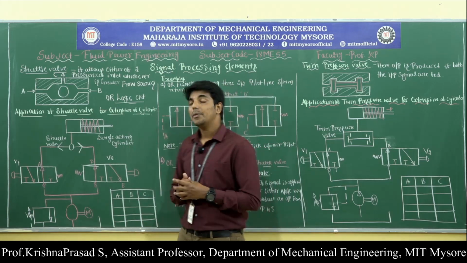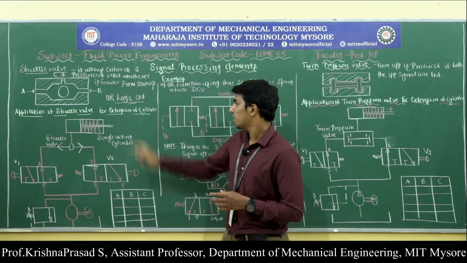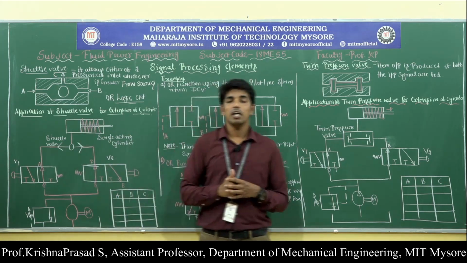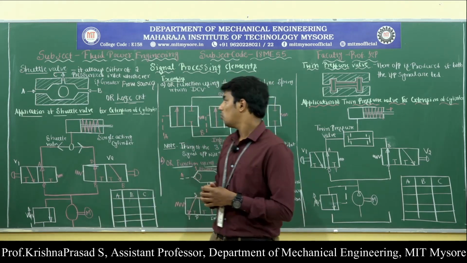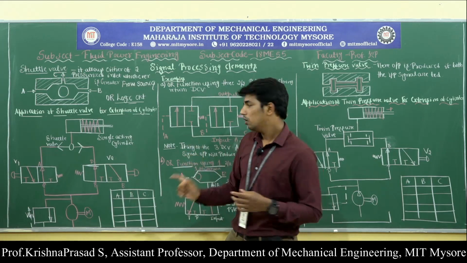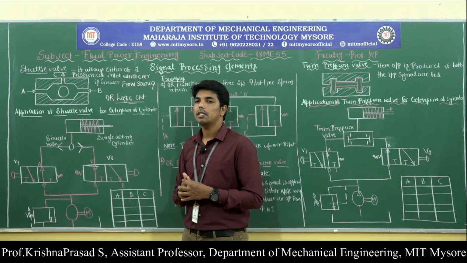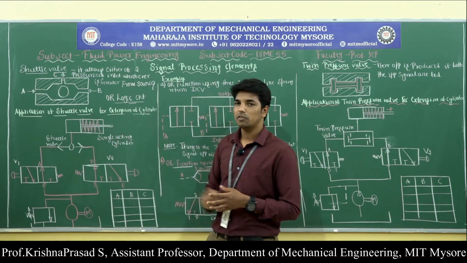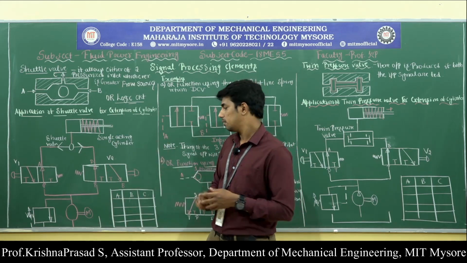Then the application of the shuttle valve for the extension of a cylinder. This is the circuit diagram for that application. Observe the main parts available in the circuit diagram of the shuttle valve for the extension of a single acting cylinder.